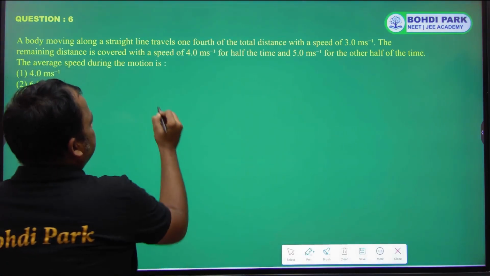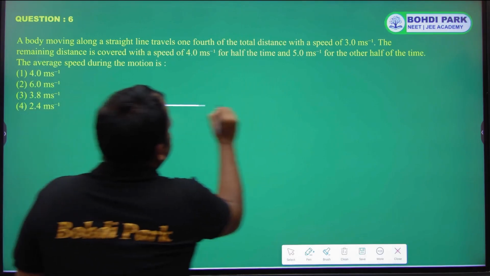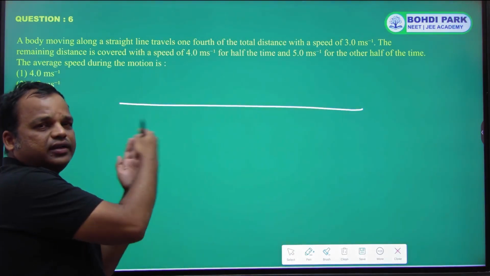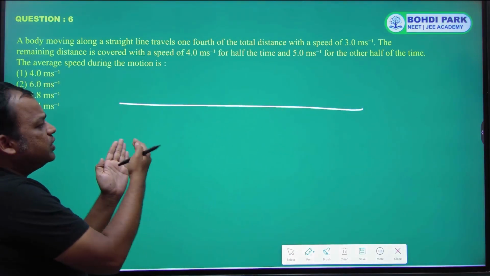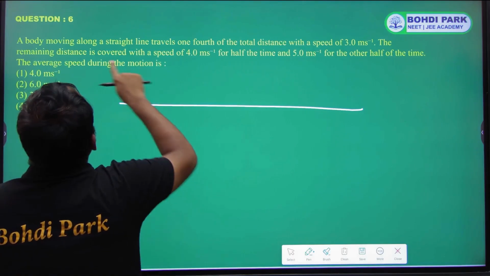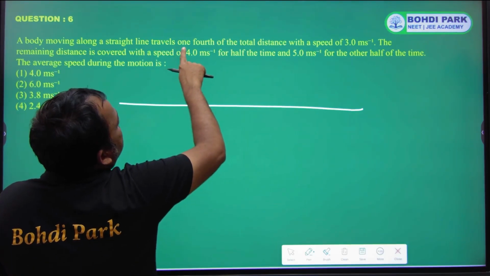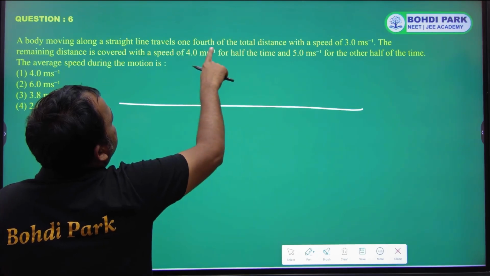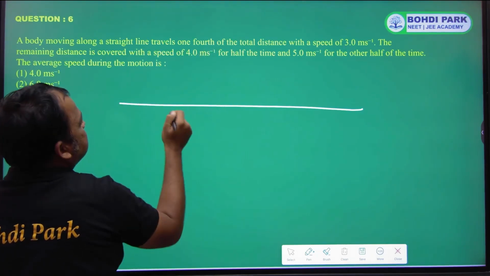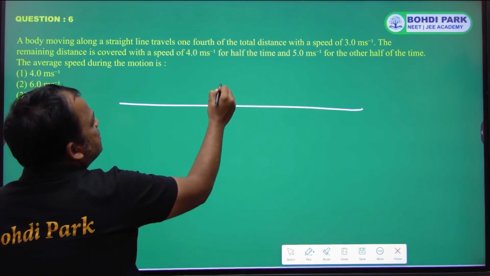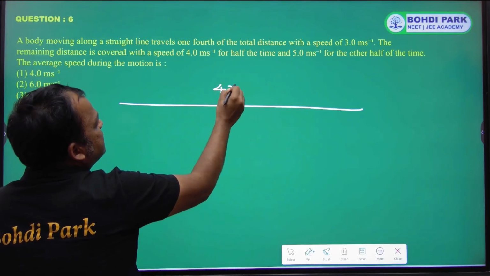So let's draw the diagram. Suppose this is the total route or distance or total path followed. We have to divide this route into two parts. One is 1/4, the other is the remaining distance. So let's take the total distance as 4x.